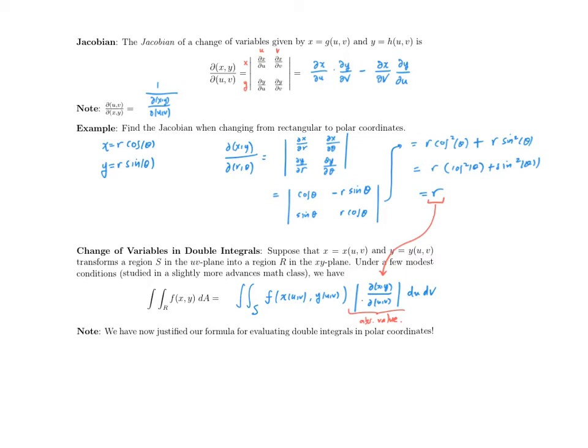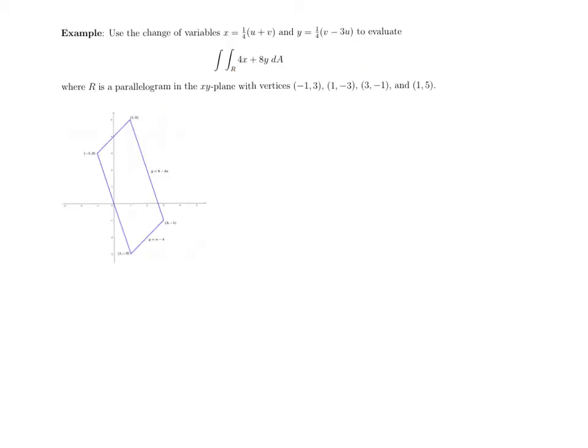Let's go ahead and apply this to a nice concrete example. A typical example involving a change of variables is made up of a double integral that we would like to evaluate. Sometimes, such as the problem here, we will give you the change of variables, while in other examples we will have to generate or come up with the change of variables ourselves, but it will only be in precise scenarios.